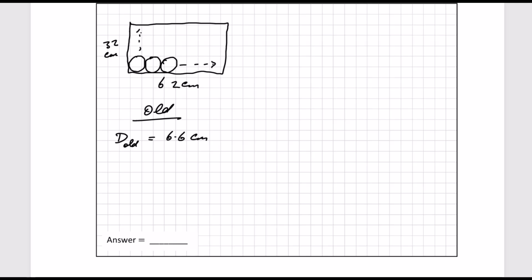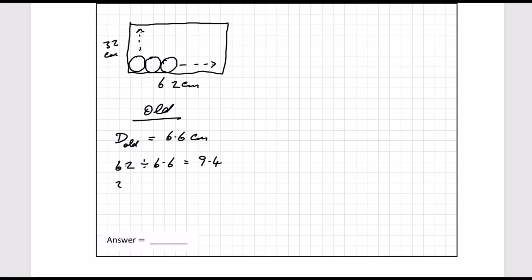So you've got to put the cans in both directions. So we need to see how many 6.6s there are in 62. So we've got to take 62, divide by 6.6. That's the width of each can, or the diameter of each can. So when you do that, you'll get 9.4. That means we can fit 9 cans lengthways.